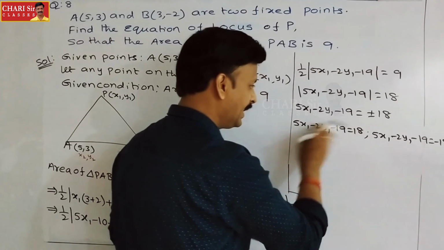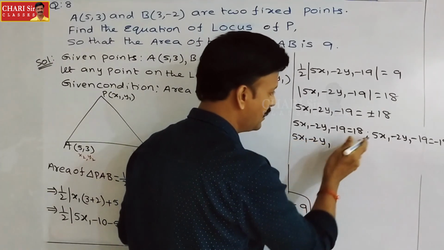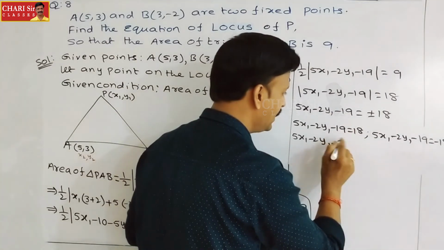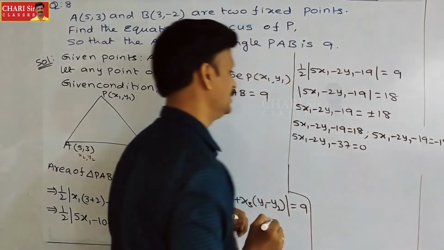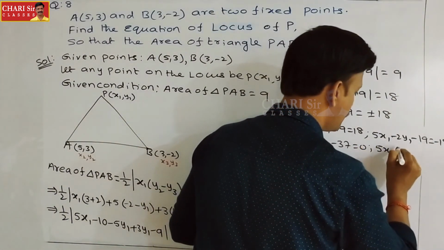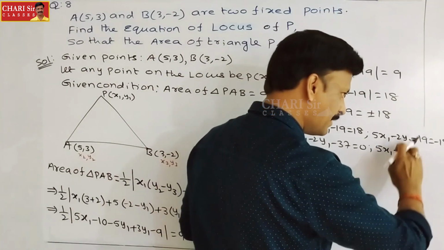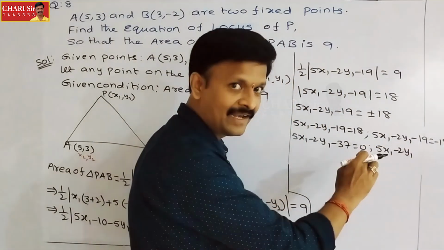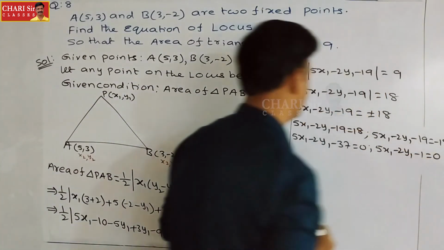You can take it inside: minus 19 minus 18 is minus 37, so 5x1 minus 2y1 minus 37 equals 0. And minus 19 plus 18 is minus 1, so 5x1 minus 2y1 minus 1 equals 0.